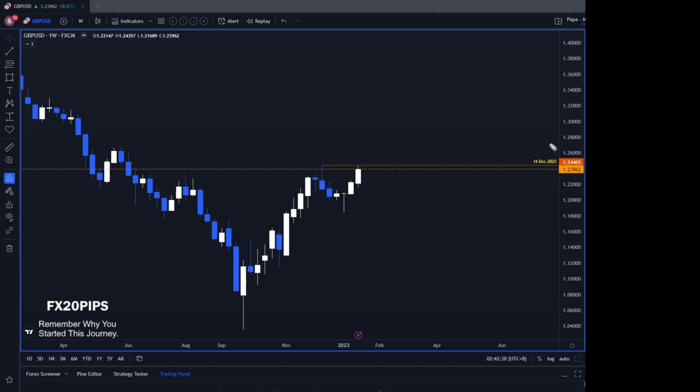If price were to hopefully close above here, the next resistance would be around here. If price were to close above this figure, then we should expect price to slowly go up to this resistance, which is here.